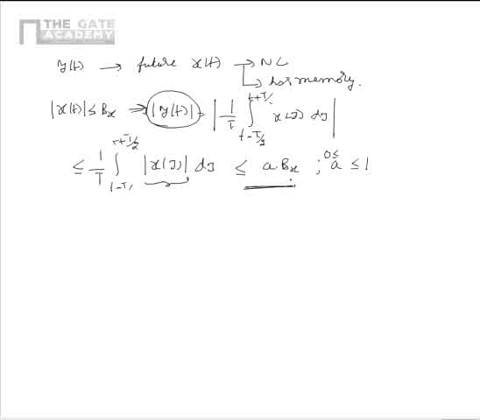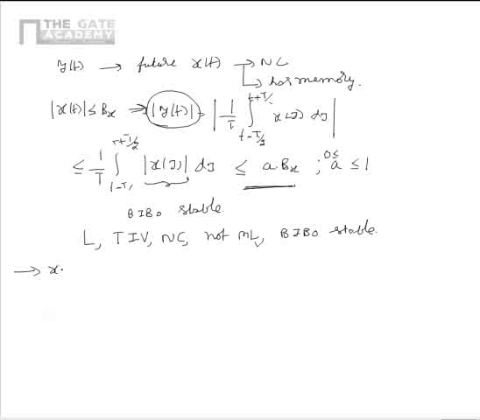So from this we see that the output is also bounded. So the given system is stable in BIBO sense. From this we see that the given system is linear, time invariant, non-causal, and it is not memoryless, rather say it has memory, and is stable in BIBO sense.